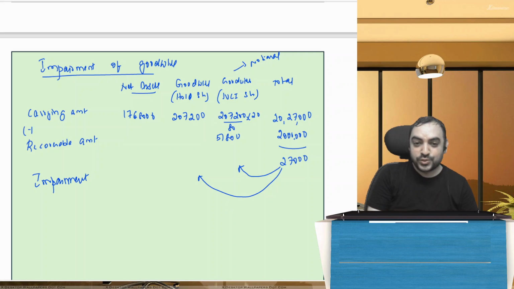So 27,000 into 20% is 5,400, and the balance, that is 80%, is 21,600. So only this 21,600 impairment is recognized.